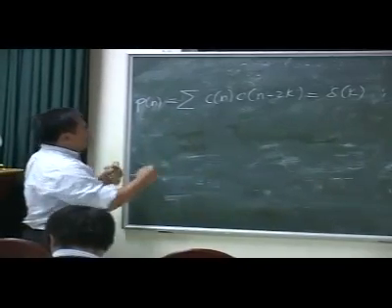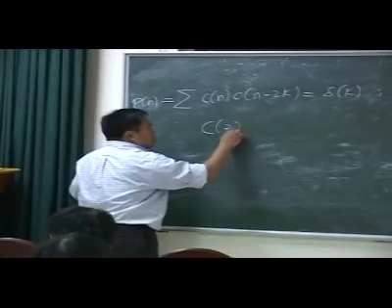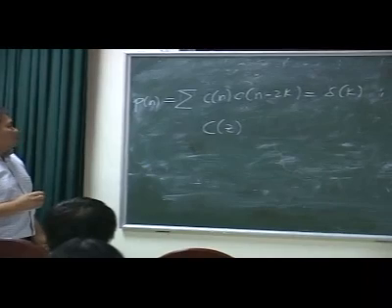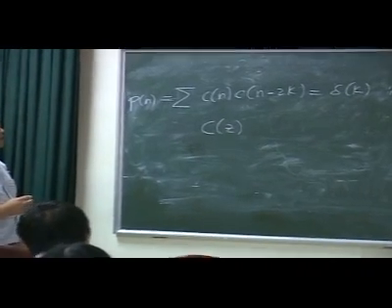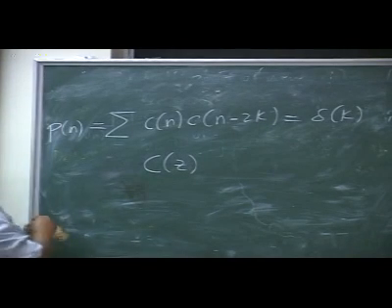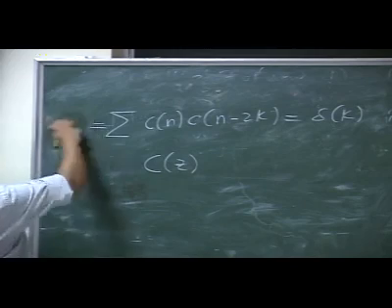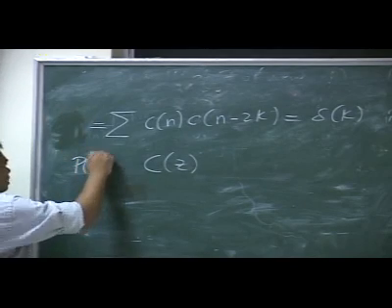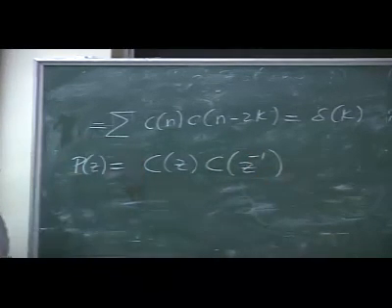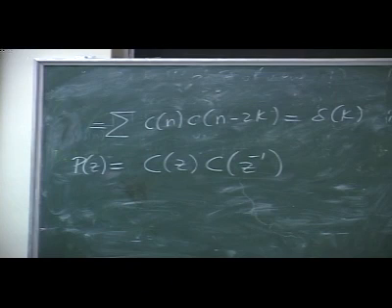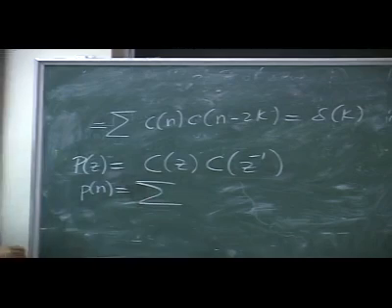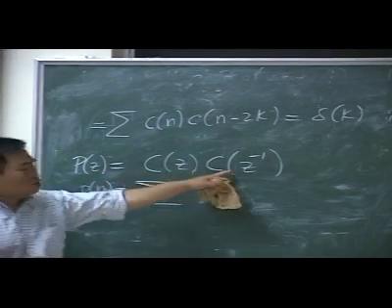Now what does it mean? It means that I have C of Z. How do I explain this? Let's define P of Z as C of Z times C of Z inverse. Can you tell me what P of n looks like? That's convolution, right?